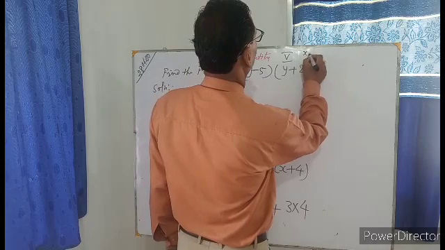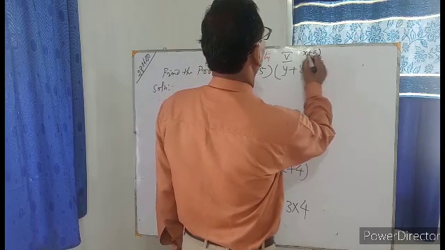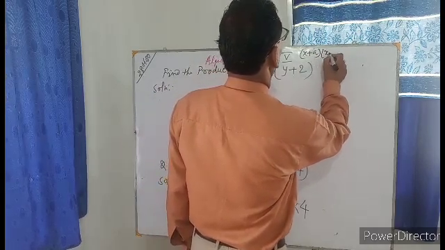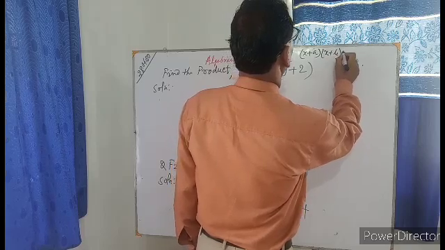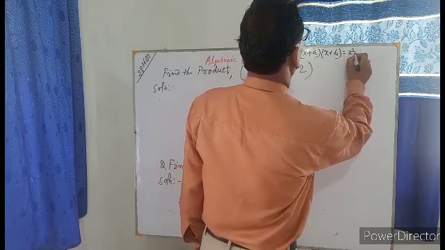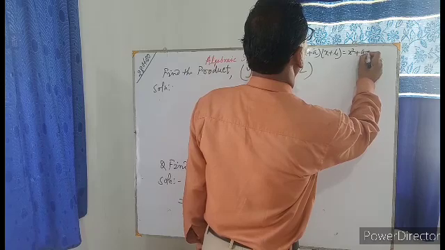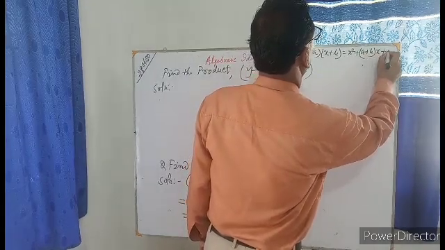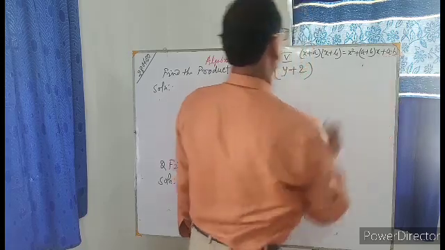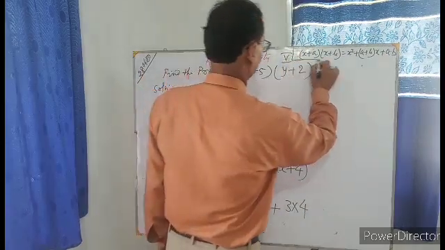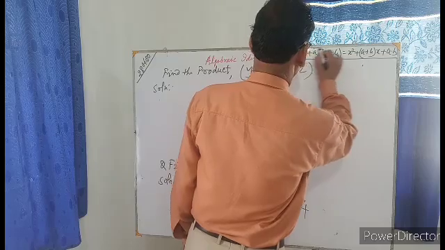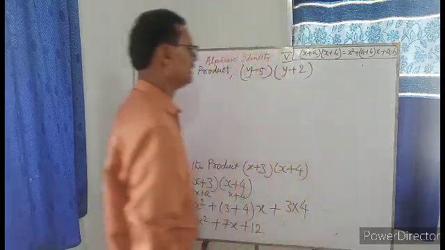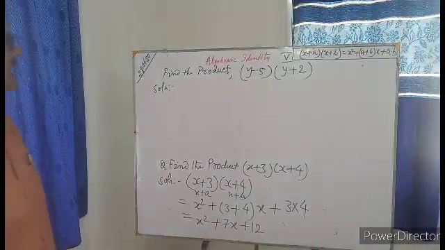x plus a into x plus b is equal to x square plus a plus b into x plus a into b. This is your identity. You may write it somewhere so that you may not have any confusion. You must go on looking at the identities every time.